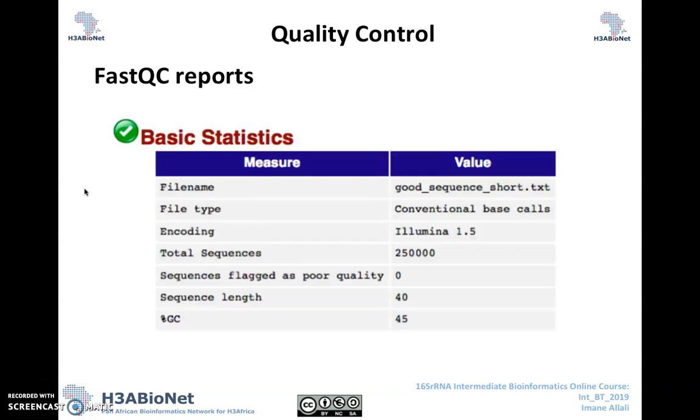The first summary consists of basic information on your FastQ files, like the name, the type of your files, the encoding that has been used, the total number of sequences, and their lengths.